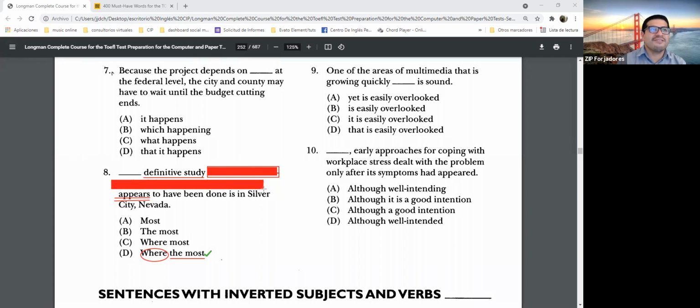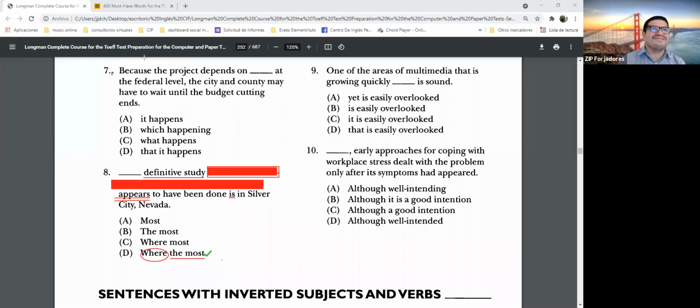Where the most definitive study appears to have been done. So this is not a verb. The verb is here, is. Appears to have been done is in... this is kind of strange.